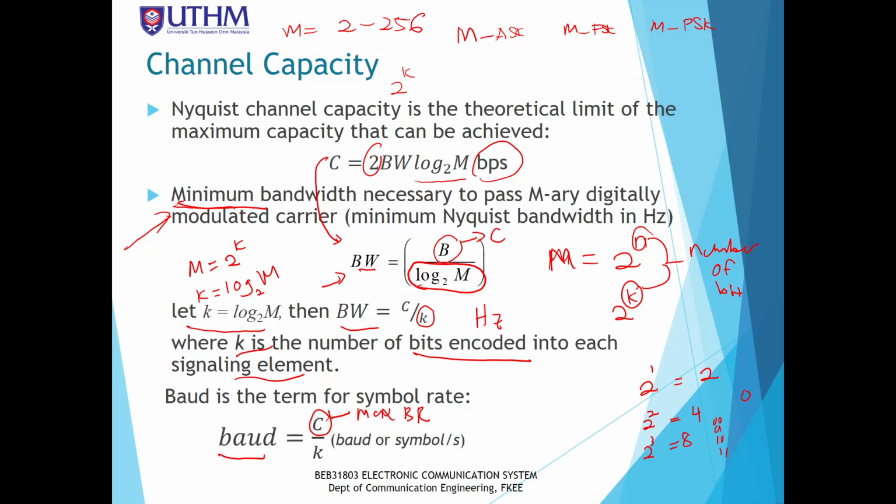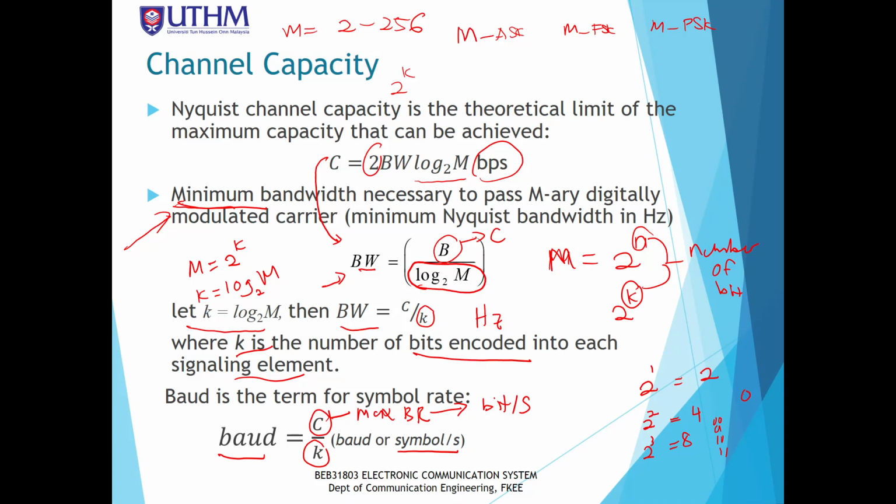So you see that k is the number of bits, therefore you're going to produce symbols per second. Bit rate here is in terms of bits per second. So bits per second you divide by the number of bits that produce the symbol, so therefore you're going to produce symbols per second.